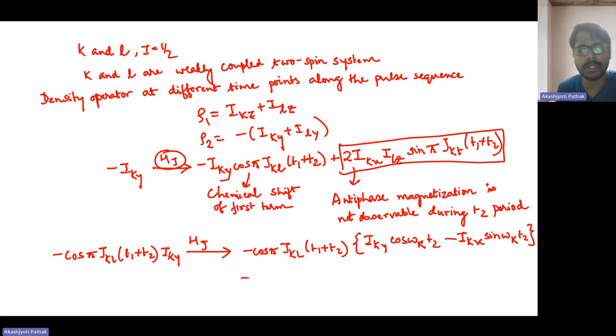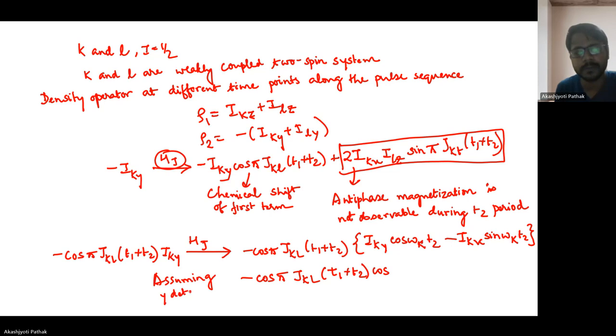It will be minus cos pi J K L (T1 plus T2) cos omega K T2. We will get only this one, and the other term will get cancelled, right?